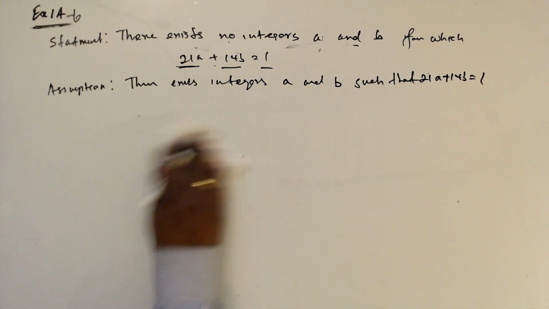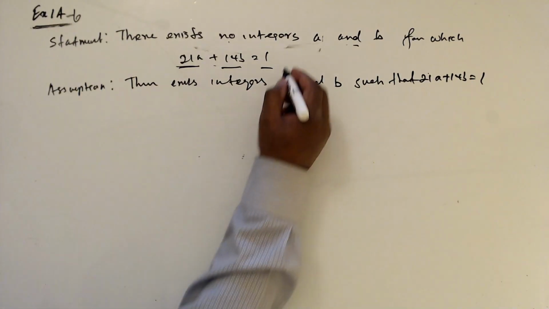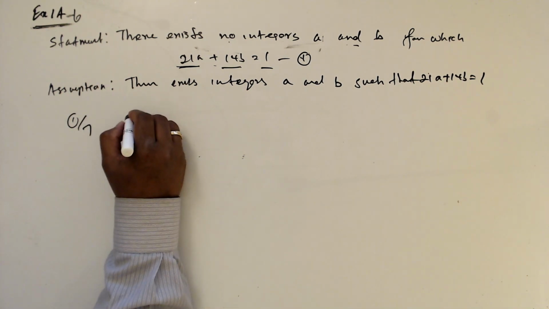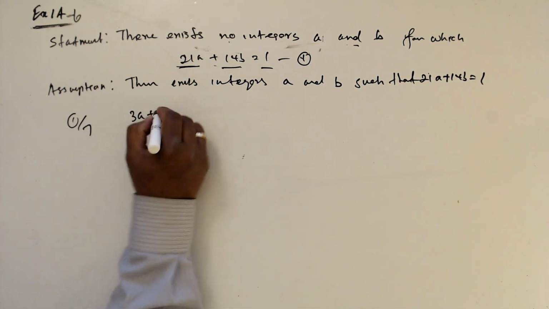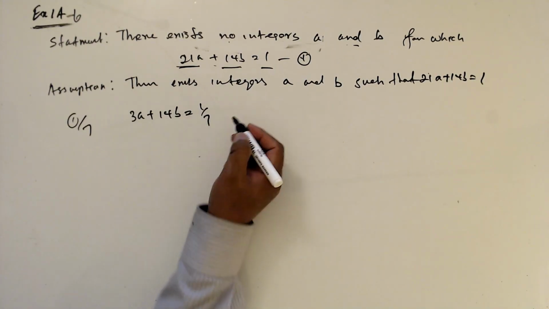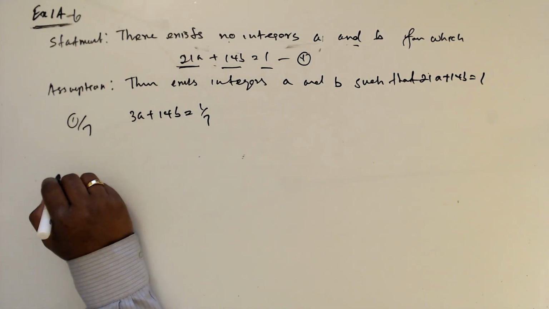I'll take this 1, divided by 7. So this is going to be 3a plus 2b equals 1 over 7. Right?